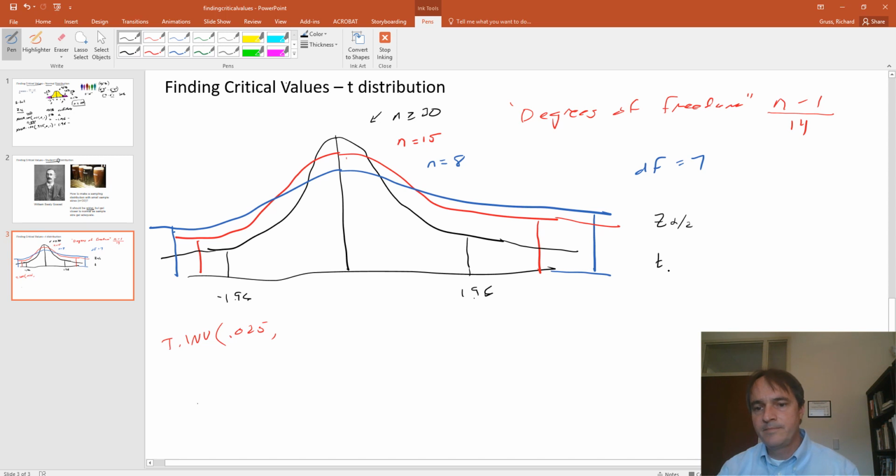We have T, and we're still doing the alpha over 2, but now we also have to put in our number of degrees of freedom. So using this function over here, we're going to use T inv of 0.025, and then whatever our degrees of freedom are. So in the case of the red, this will be 14. So that'll be the left tail for that. So let's go ahead and find that.